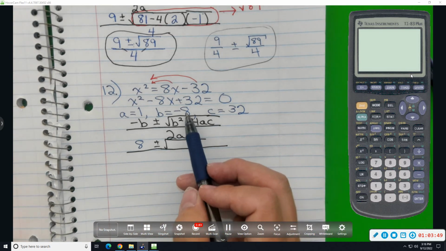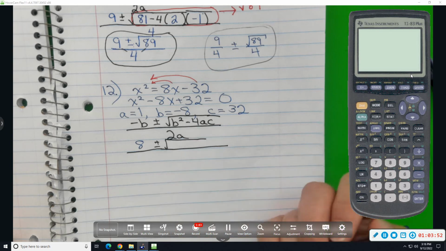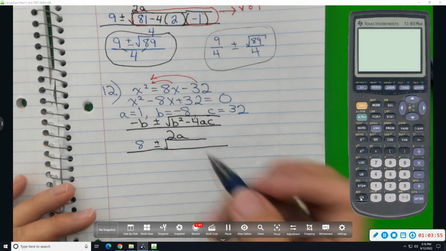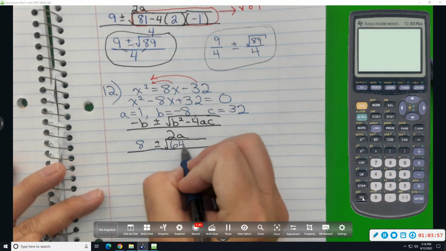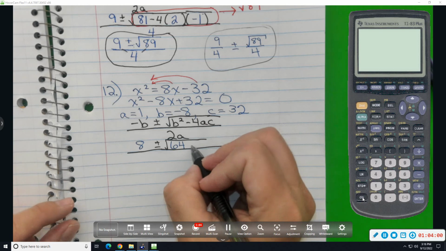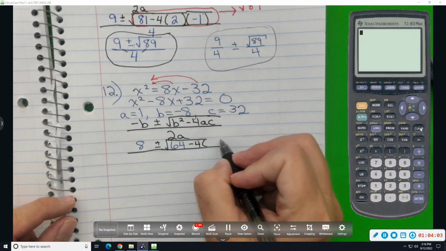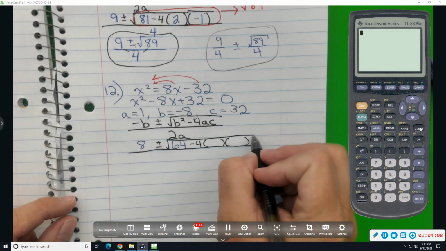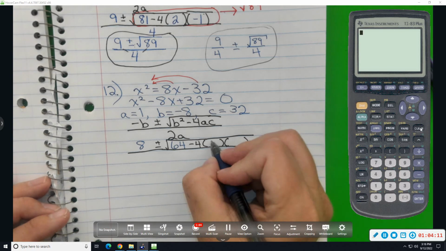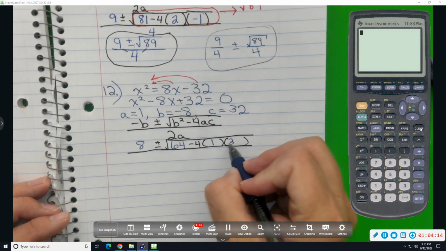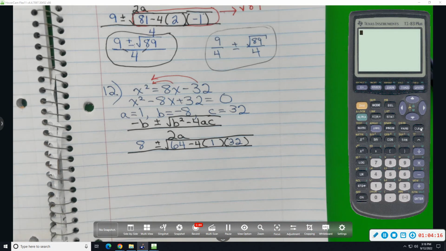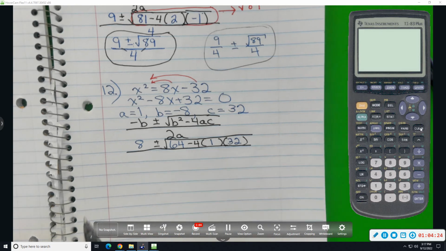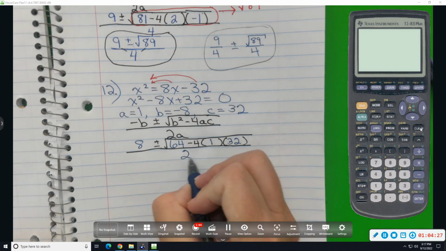B squared, negative 8 times negative 8 is 64. And we have a minus 4 times A times C. A is a 1 and C is a 32. And I'll jump in at this point and do the bottom. I can do that in my head. 2 times A, 2 times 1 is 2.